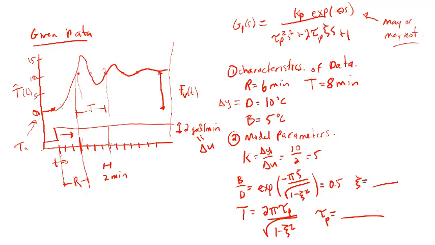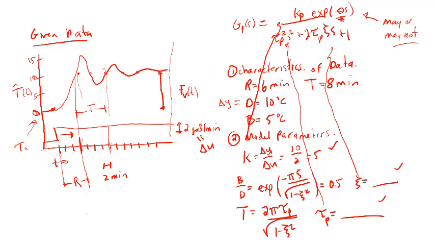All right, so this would give us the gain, zeta, and tau p. The gain, zeta, and tau p we can plug into the model. The last thing that we don't know is whether or not we have this dead time term, theta.